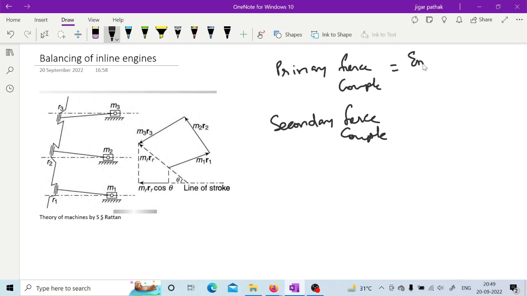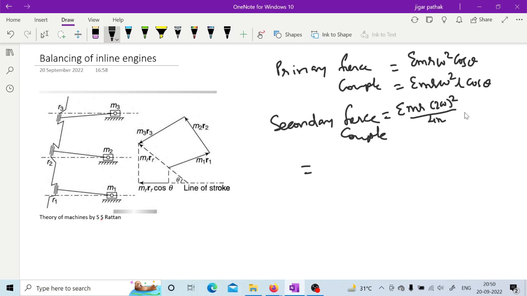Here the primary force is sigma MR omega square cos theta, and the couple is sigma MR omega square L cos theta. Similarly for the secondary force, it will be MR, in place of omega 2 omega, in place of r, r by 4n, and in place of theta, 2 theta.